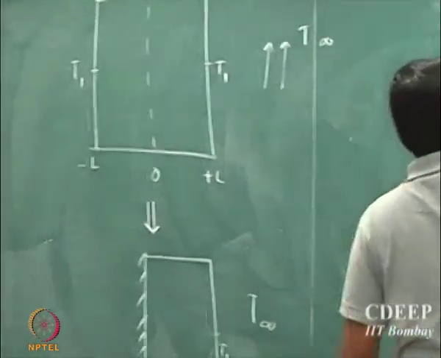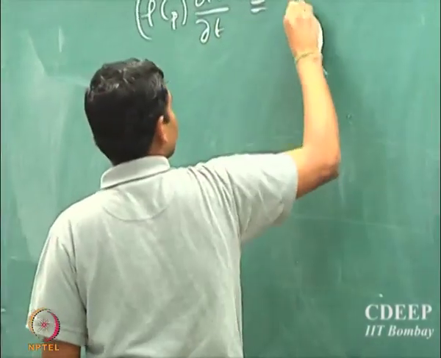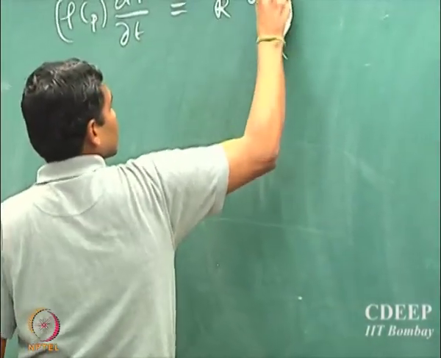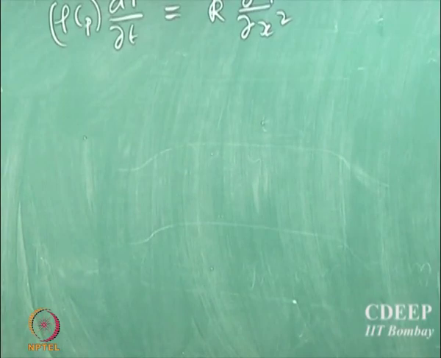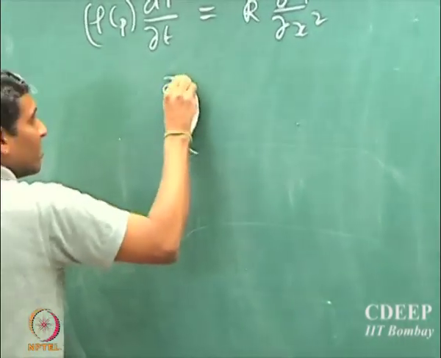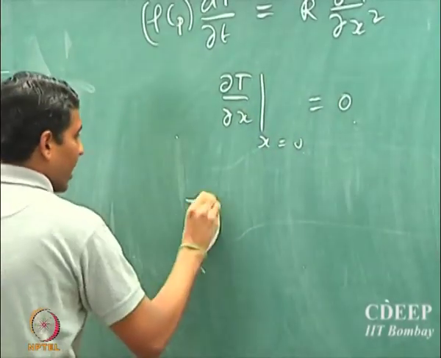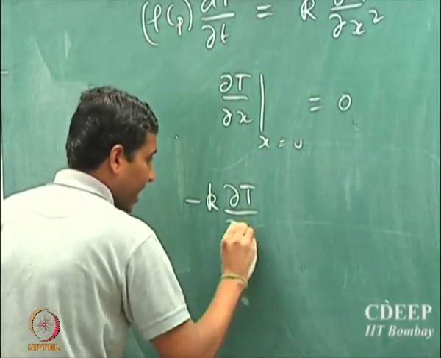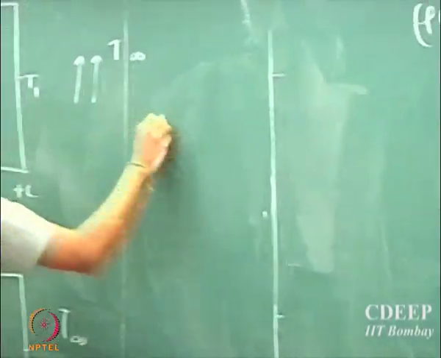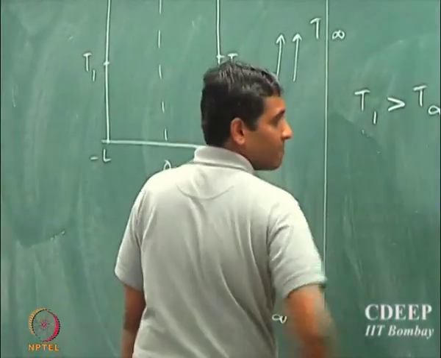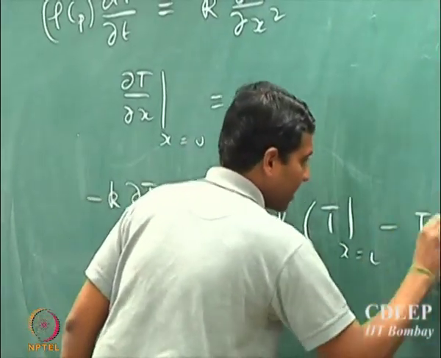There will be rho Cp dT by dt equal to k d2T by dx2. Note that it's a partial derivative now, and the boundary conditions will be dT by dx at x equal to 0 is 0, and minus k dT by dx at x equal to L. If I assume that T1 is greater than T infinity, that will be h into T at x equal to L minus T infinity.